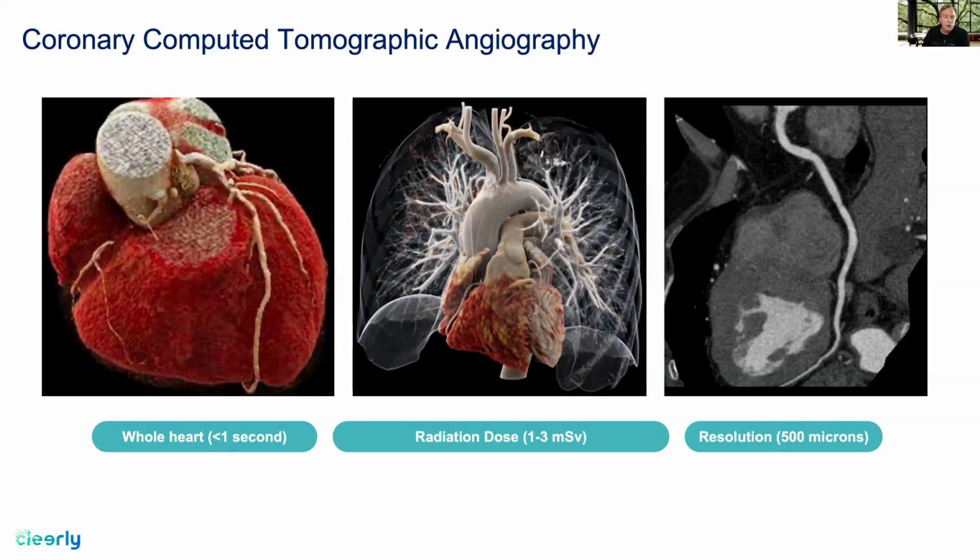We can get whole heart coverage in less than 1 second with some of the newer broad detector scanners. The radiation dose that we struggled with so much in the early years of cardiac CT has now come down to, at most centers with prospective gating and a reasonably new machine, average radiation doses of only 1 to 3 millisieverts, which are very acceptable. And of course, the spatial resolution has continued to improve and will improve.